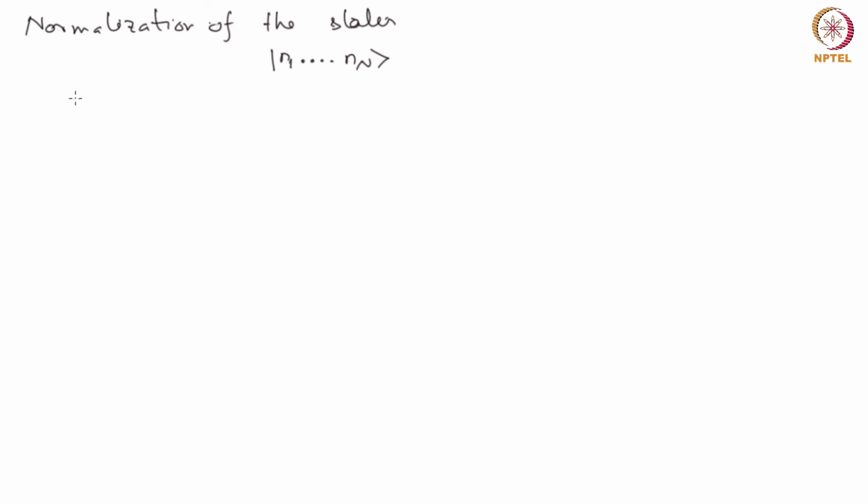Okay, so let's do that and recall what this was. This was An1 dagger, An2 dagger, so and so forth, An minus 1 dagger, An dagger acting on ket 0.